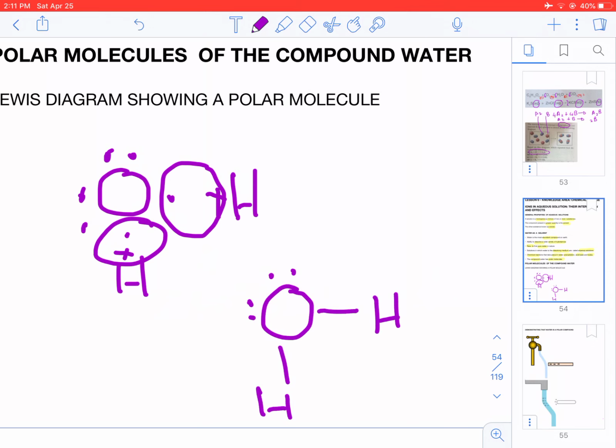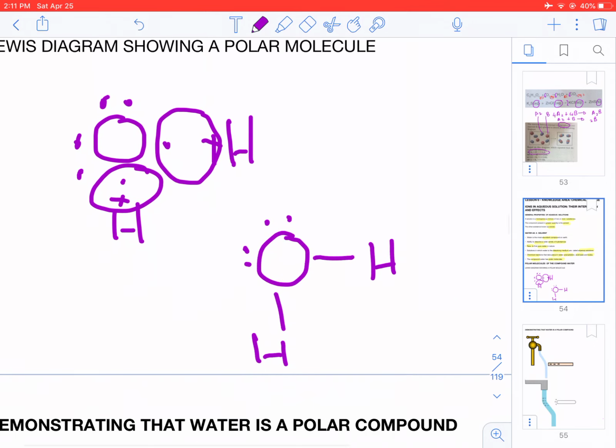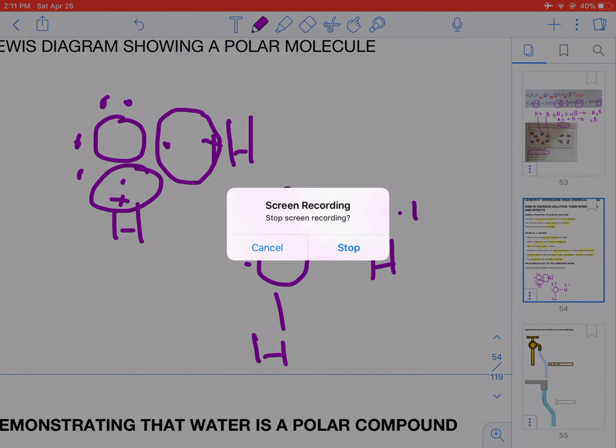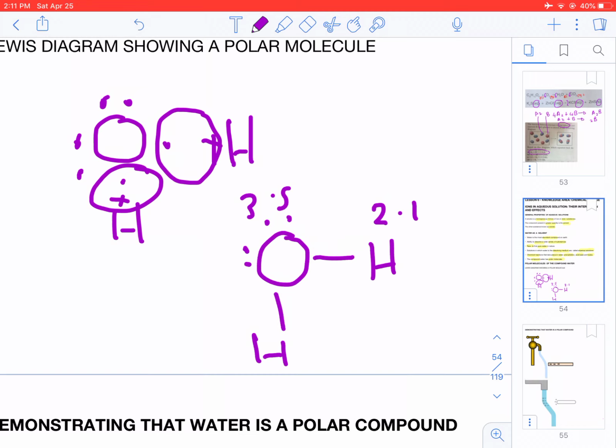And then the electronegativity difference: hydrogen has an electronegativity of 2.1 and oxygen has an electronegativity of 3.5.